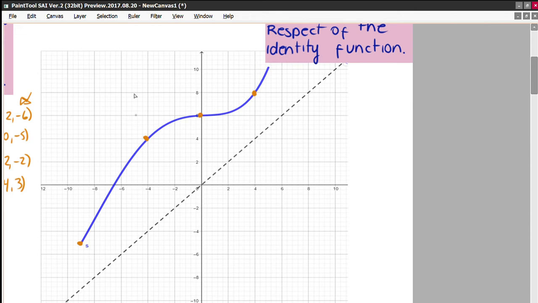Okay, here's another example. Here's my function s, and I'm going to identify some points. The first point I can identify is (-9, -5). Then I can identify the point (-6, 1).